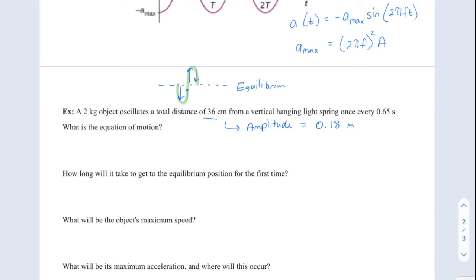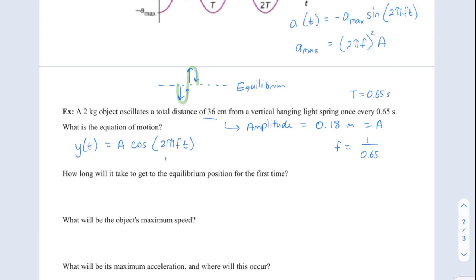In terms of my equation of motion, my general equation of motion is this. On your equation sheet, you have this A cosine of 2 pi f t. You know this is your amplitude, and you need to figure out what your frequency is. You're told that it goes up and down once every 0.65 seconds, so the period is 0.65, which means my frequency is just 1 over that.